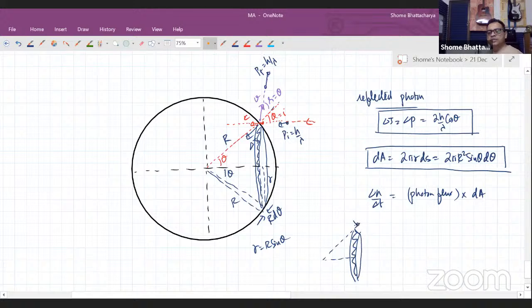The ring's thickness that we've taken, this r dθ. If we cut it by a plane like this, the angle is θ.